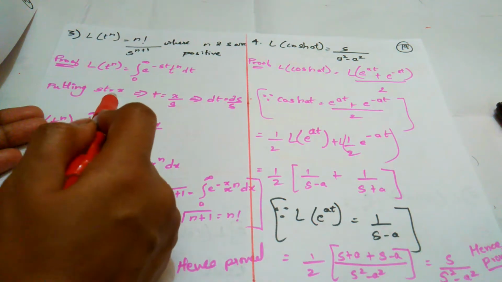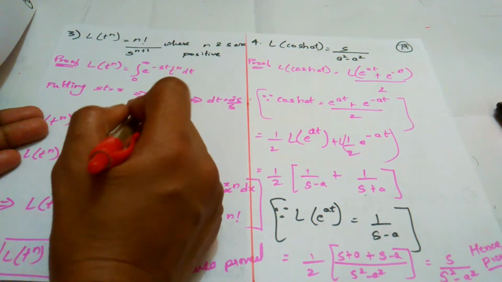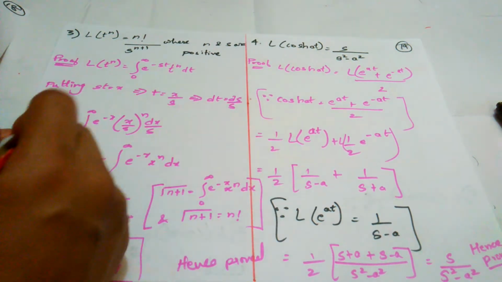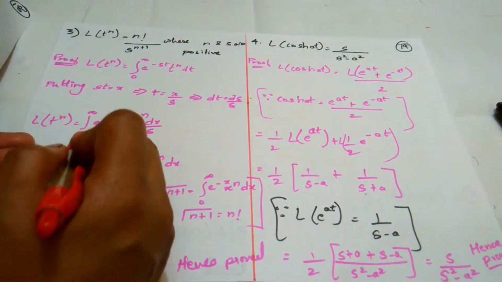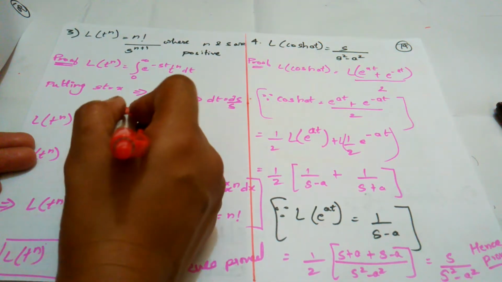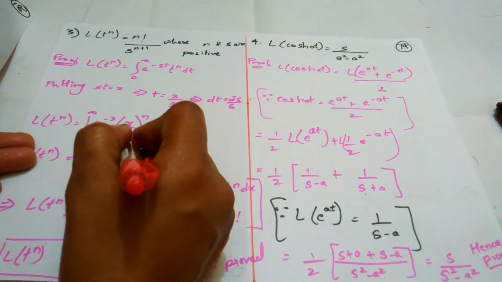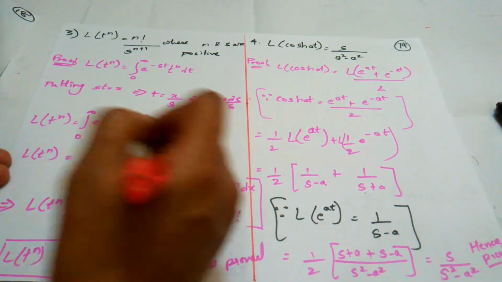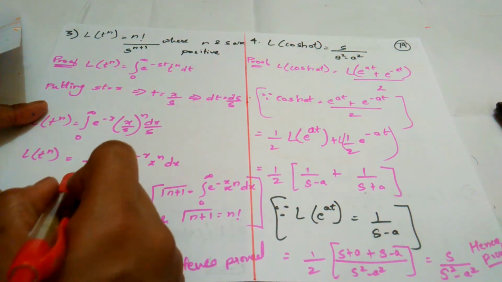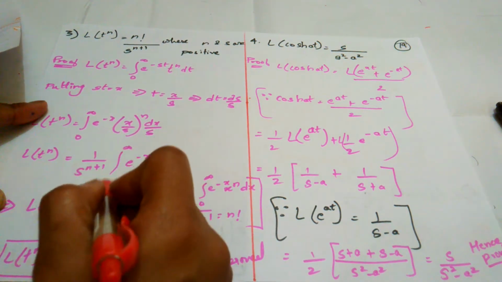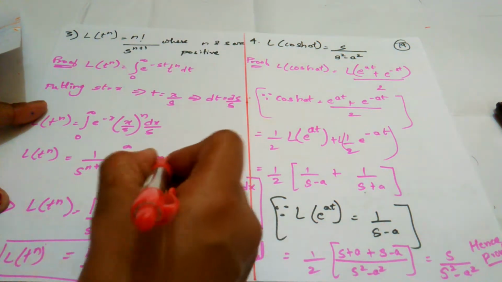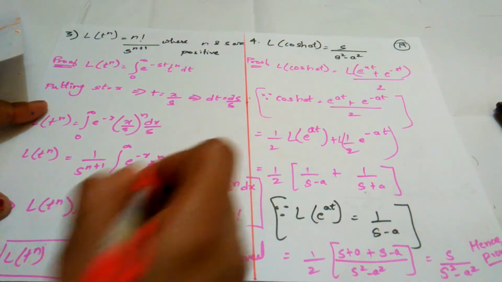We will put st equal to x, and t is x by s, dt will be dx by s. So L of t raised to n is equal to the integral from 0 to infinity of e raised to minus x times (x by s) raised to n, dx by s. Next step, L of t raised to n is equal to 1 upon s raised to n plus 1 times the integral from 0 to infinity of e raised to minus x times x raised to n dx.